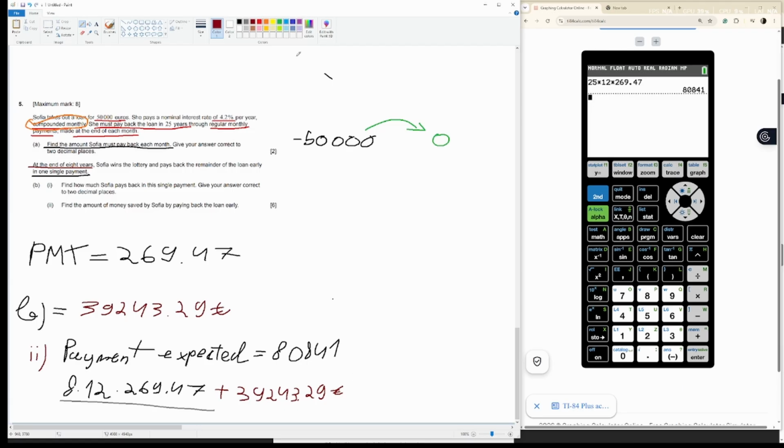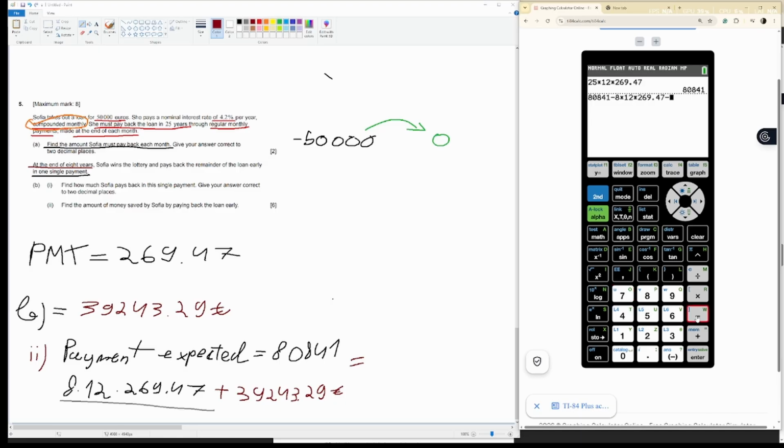And then what we have to do is take these and subtract them, and we can get the final answer: 80,841 minus 8 times 12 times 269.47, because that is the amount of payments that she made.